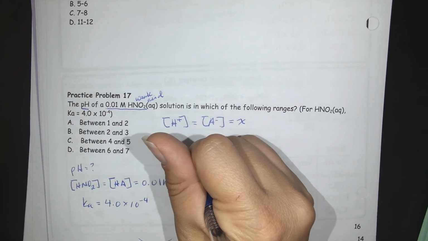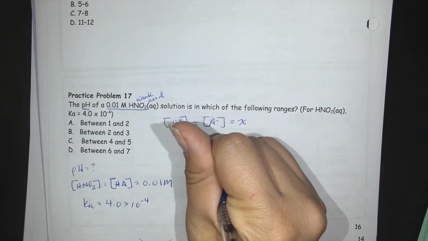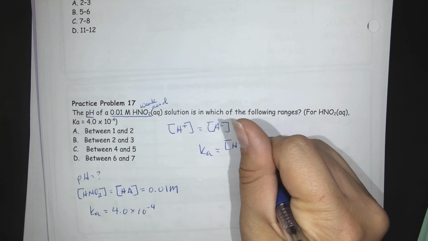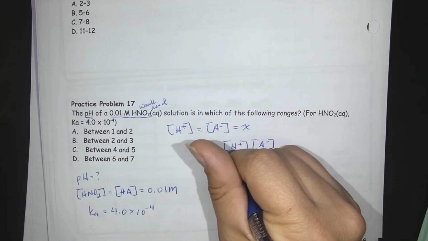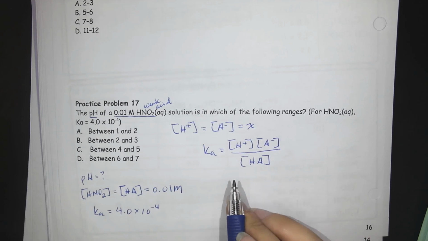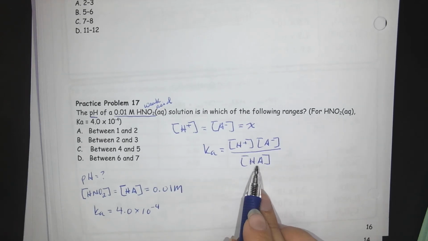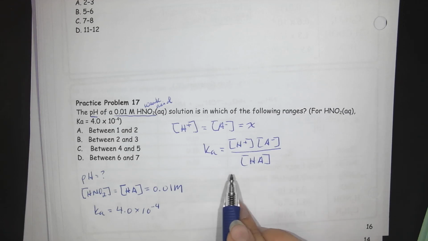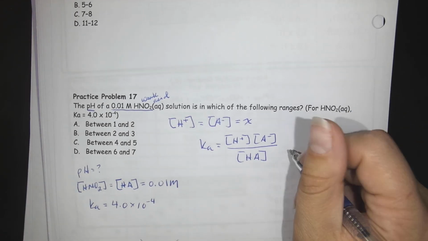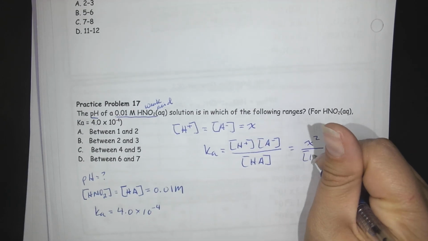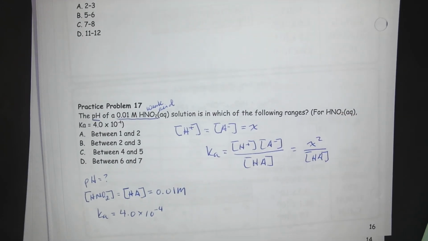The equation given to us on our reference is Ka is equal to H plus times A minus over HA. H plus, the conjugate base, and the concentration of the acid. But up here I said these equal each other, so I could say x squared over the concentration of the acid.